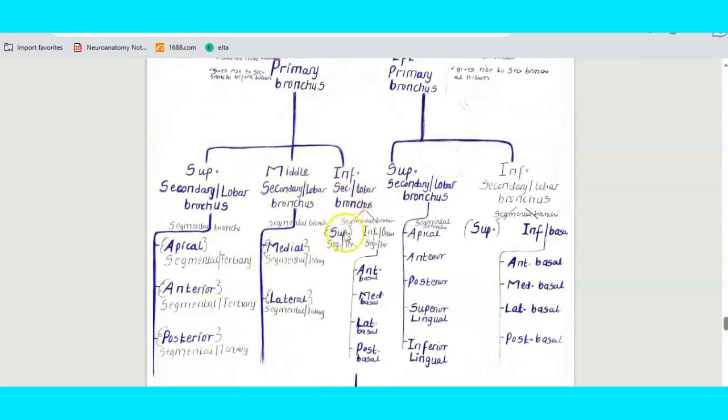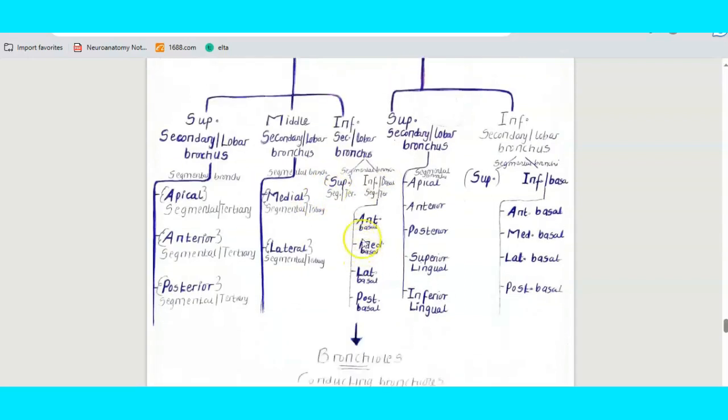Then for the inferior, it has the superior segmental bronchi. Then the inferior is divided into segments: the anterior one, giving segmental branches to the anterior basal segment, middle basal segment, lateral basal segment, and posterior basal segment.